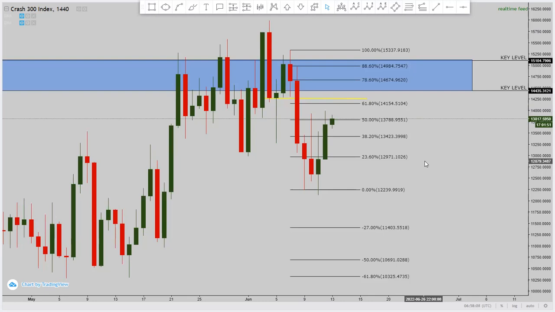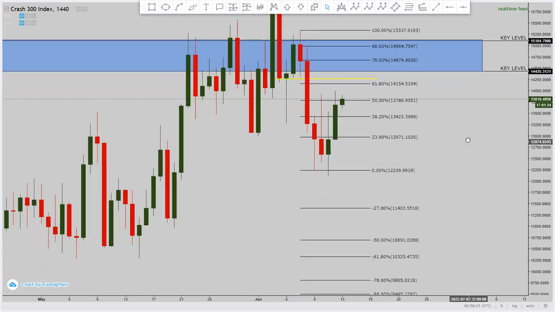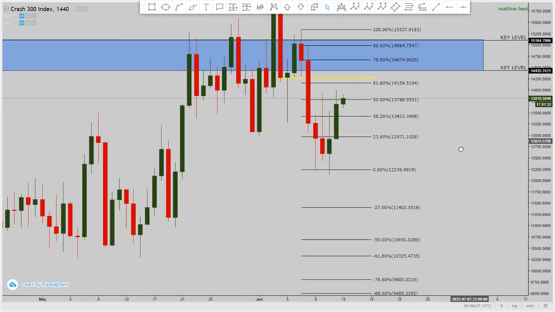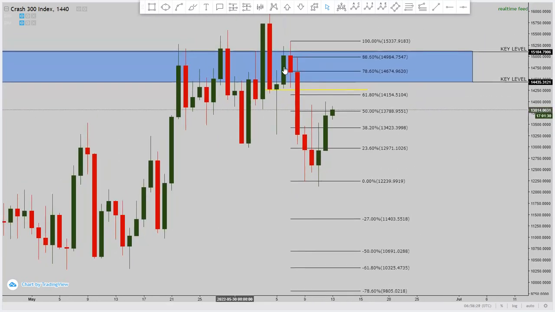So that's why you just need to add them as an additional confluence, but you don't need to base your trading decisions on a moving average only. You actually need to combine it with all these other important factors like your Fibonacci, your market structure, your trend lines, and all these other factors.